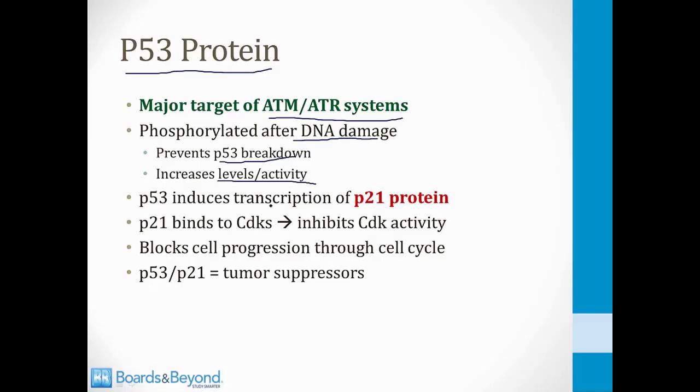When p53 is stabilized, it induces transcription of a protein called p21. p21 can bind to cyclin-dependent kinases and inhibit their activity. And remember, it is these kinases that allow progression through the cell cycle. So when they are inhibited, this will block cell progression through the cell cycle. What this means is that both p53 and p21 are considered tumor suppressors because they prevent abnormal cell growth.